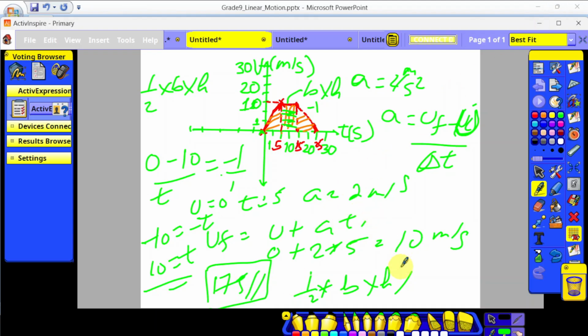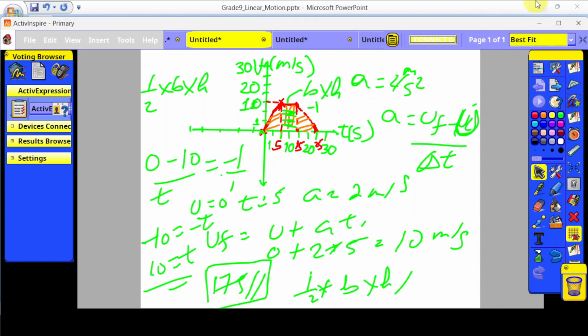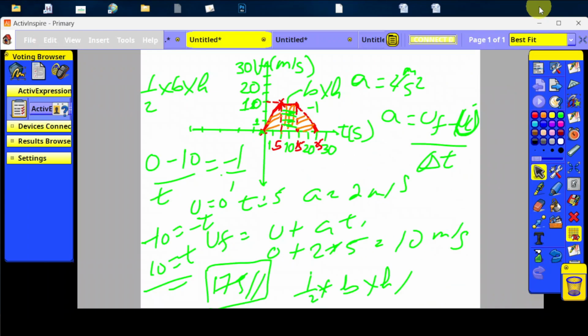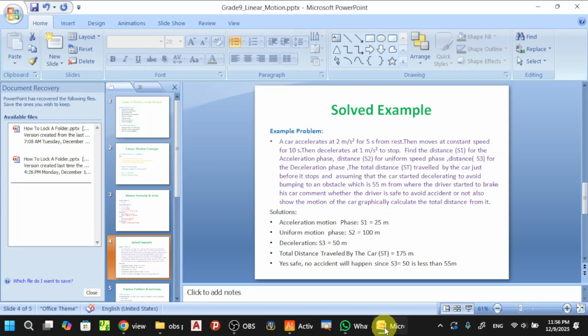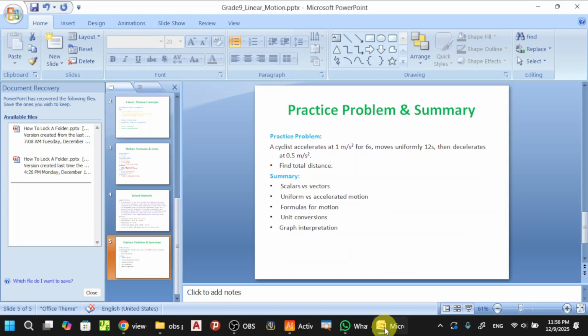And now I'll give you a problem to solve, and that ends our session. Here is the practice problem.